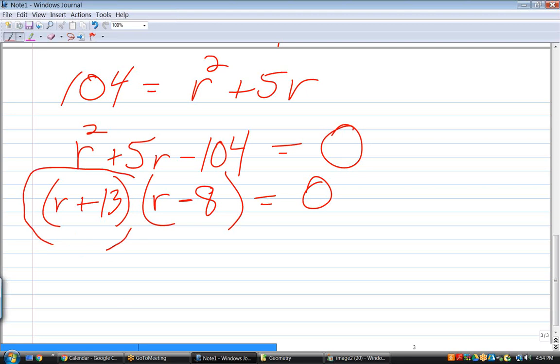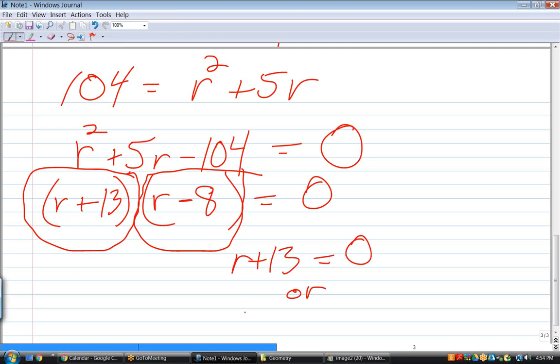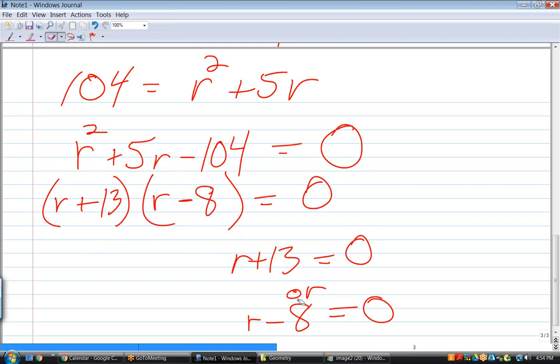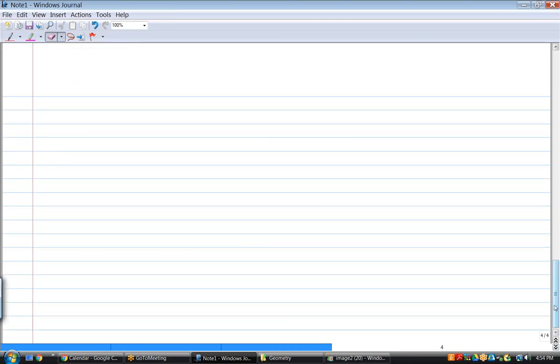One of the things times that thing is equal to 0, so this has to be 0, r plus 13 has to be 0, or r minus 8 has to be 0. One of those. Well, how do you tell which one? Well, you get two solutions. But what happens? Let's solve it, and then we'll talk. You'll see how we tell.